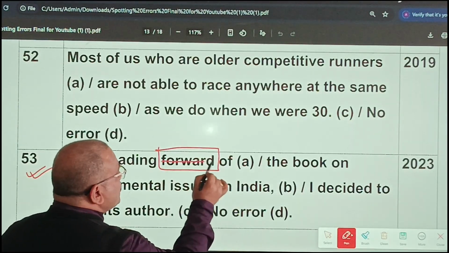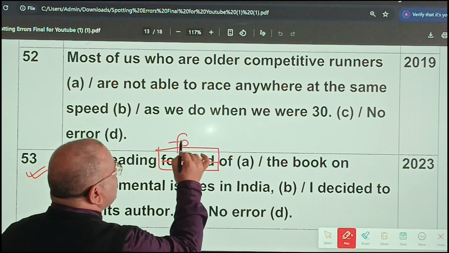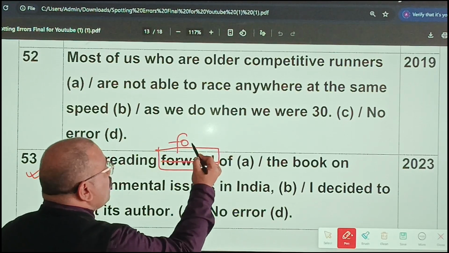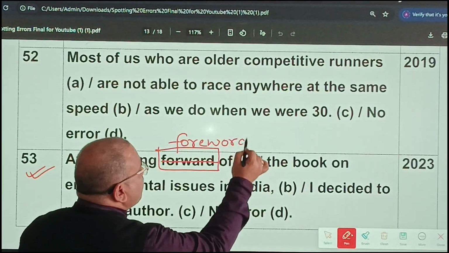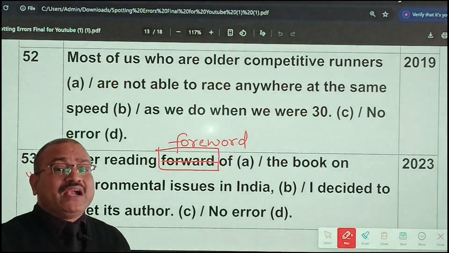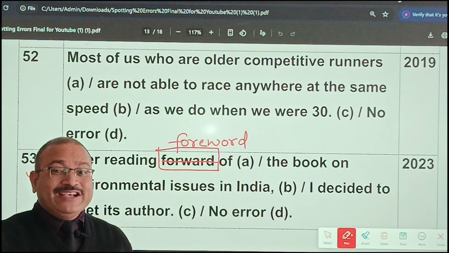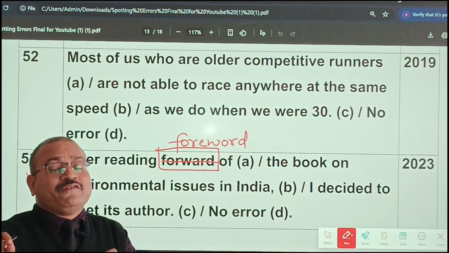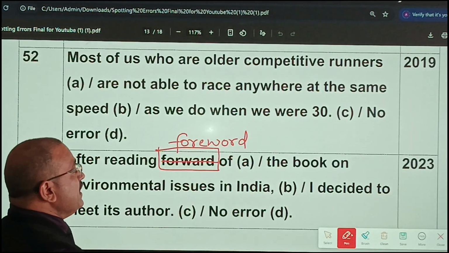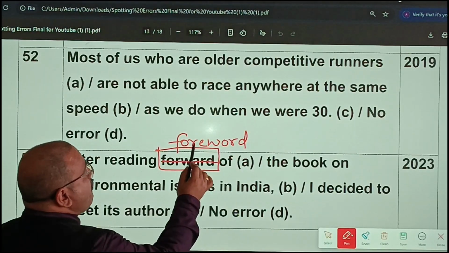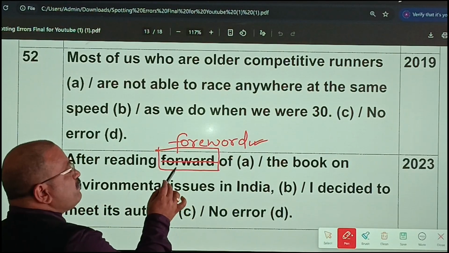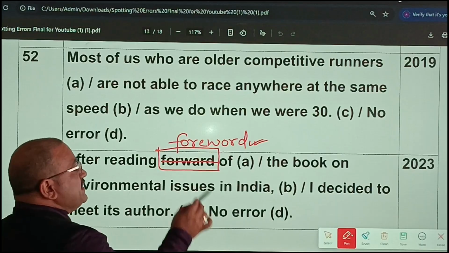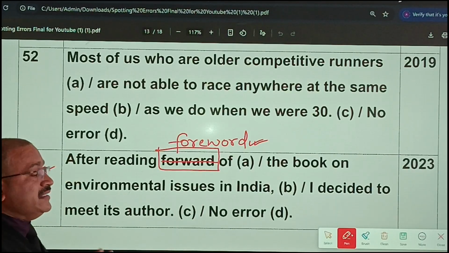Correct. Actually, it is talking about what? The sentence is talking about this one, foreword. Foreword means the introductory part of any book. The introductory part of any book is called foreword. Now the spelling of foreword is f-o-r-e-w-o-r-d, and what is the spelling here? f-o-r-w-a-r-d.